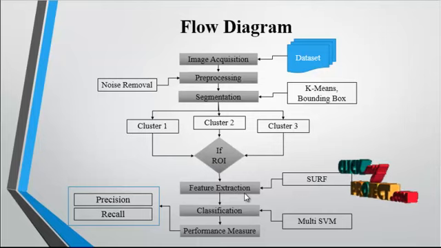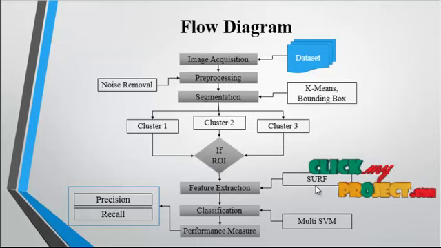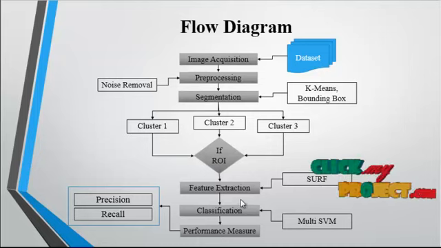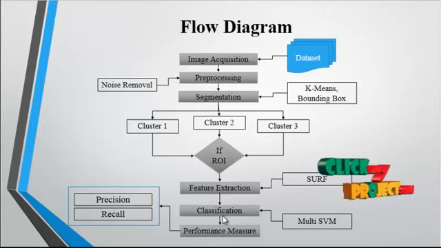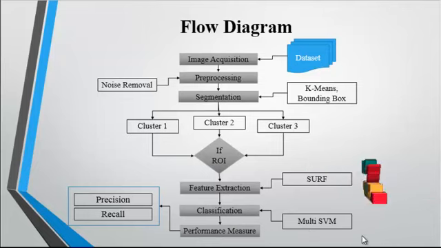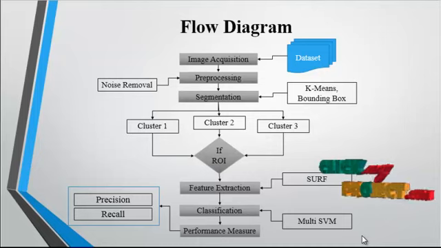Hence, in the feature extraction method, we use the SERP feature extraction method to extract the feature points. After the feature extraction, the classification is done by using the multi-SVM classifier. In the multi-SVM classifier, we have to give 3 things as input: test feature, train feature and target.